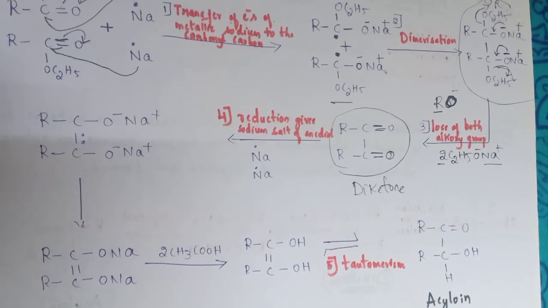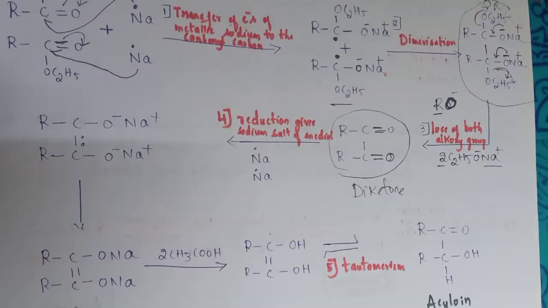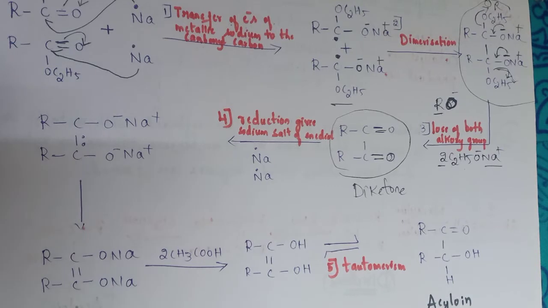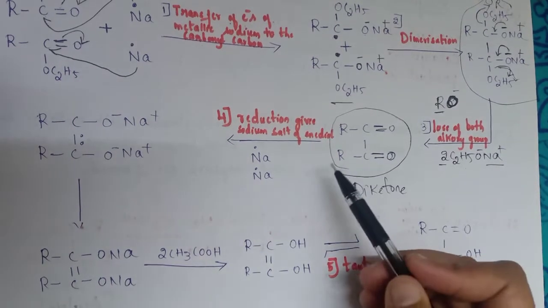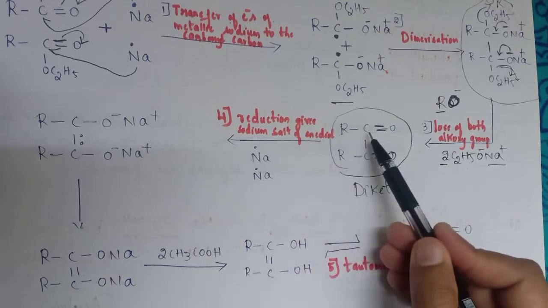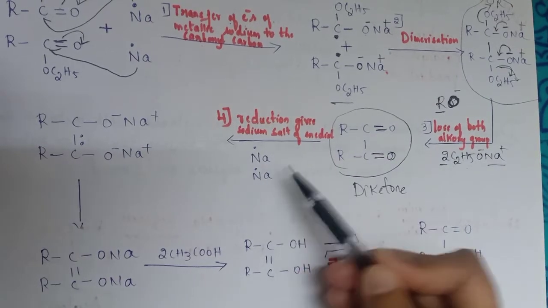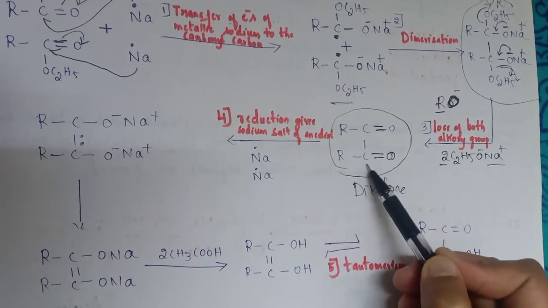Again, reduction occurs in the diketone with the help of sodium. Then we will get the enediol. Why I have mentioned it as reduction is because here the transfer of electrons takes place; gaining of electrons is reduction. Here this electron of sodium is taken by this carbonyl group, and this electron of this sodium is taken by this carbonyl group.